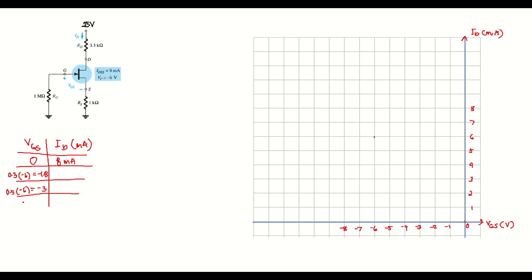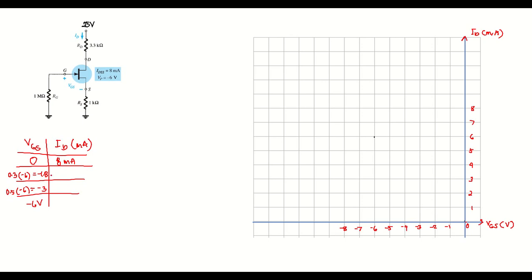And for the last one, we will set our VGS equal to our pinch-off voltage, which is negative 6 volts. Now for our ID, the first point is equal to IDSS.